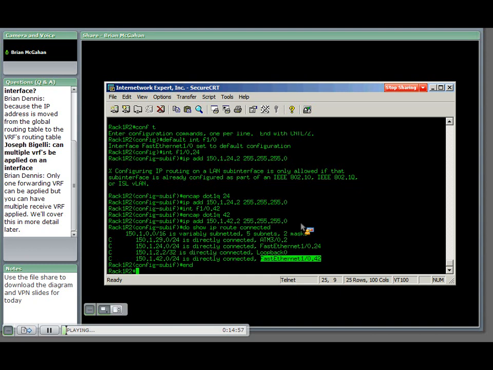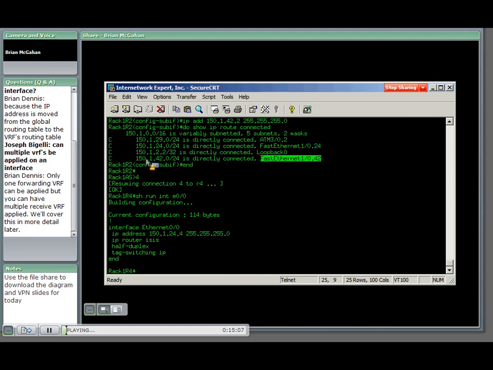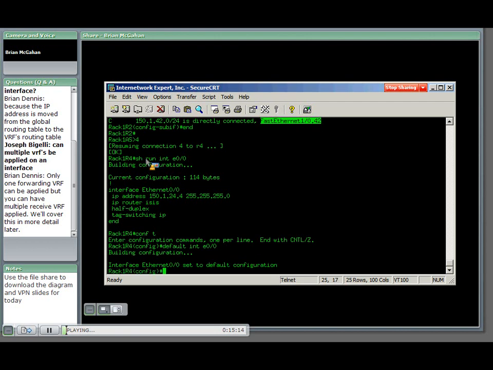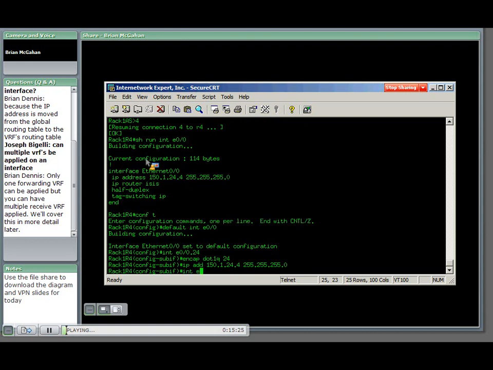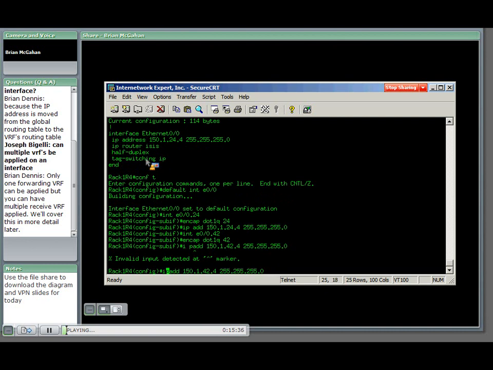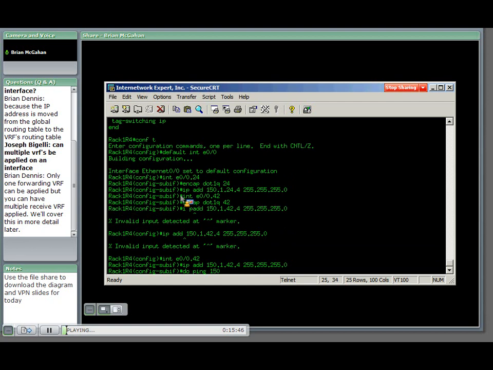On router 4, let's go ahead and configure these same sub-interfaces. At this point, assuming that these trunk links are working with the switches, we should have connectivity between router 4 and router 2.